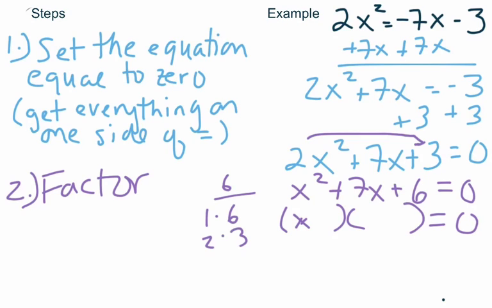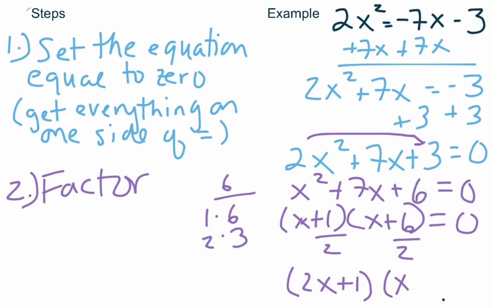Well, I've got 2 options, 1 times 6 and 2 times 3, and the one that adds up to 7 is the 1 times 6. And then we are going to divide by 2. And that's going to give us 2x plus 1 and x plus 3 equals 0.